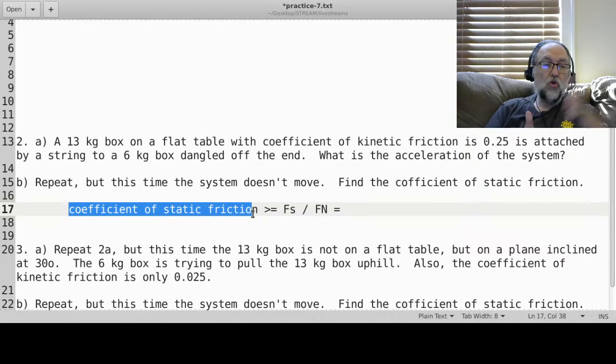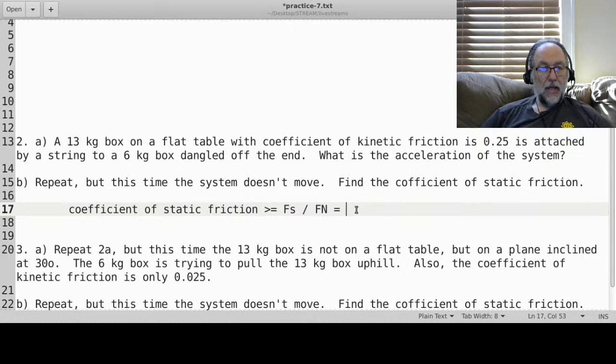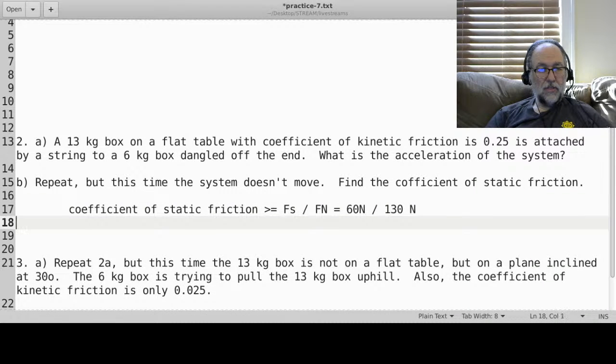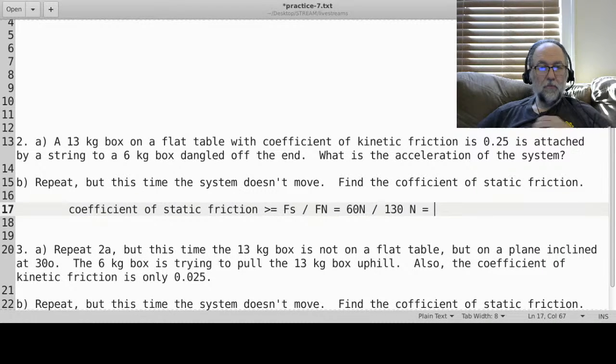All you could say is that it's greater than a certain amount. Okay. And from the diagram, we had that the force of static friction was 60 newtons, and the normal force was, what was it again? 130. Yeah, 130 newtons, like this. And what's that equal to? I don't know. We'll find out.